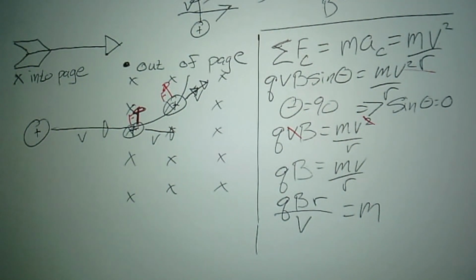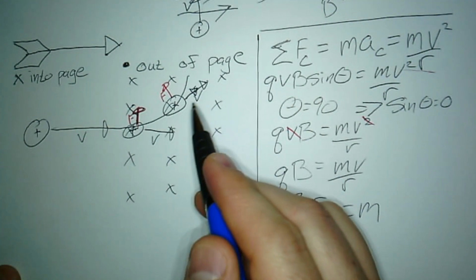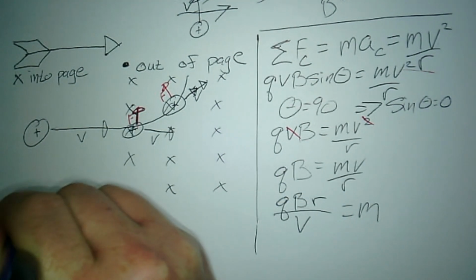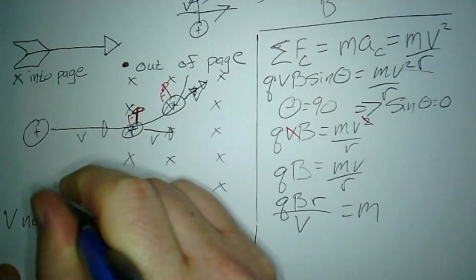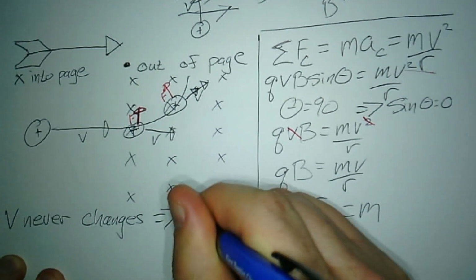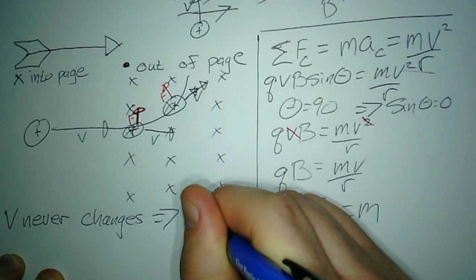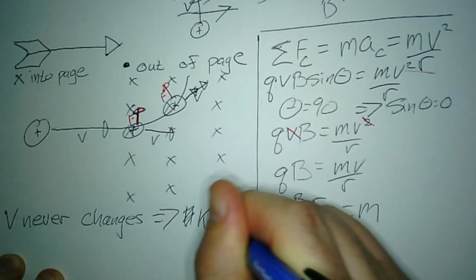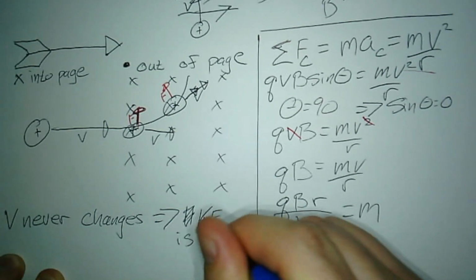So now this is circular motion. There's an important rule that AP loves to ask about. They love to ask about how much work the magnetic force does in this situation. Well, because the velocity never changes, that means kinetic energy is constant.